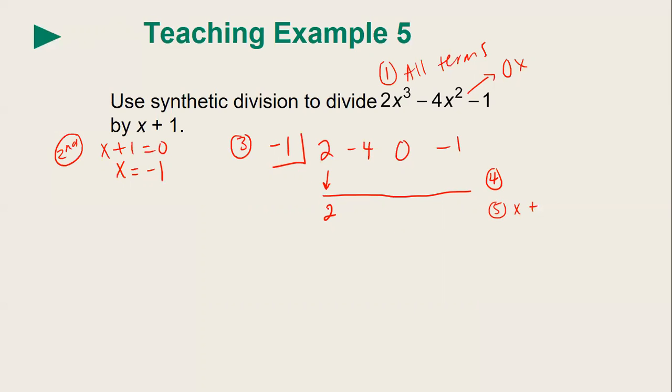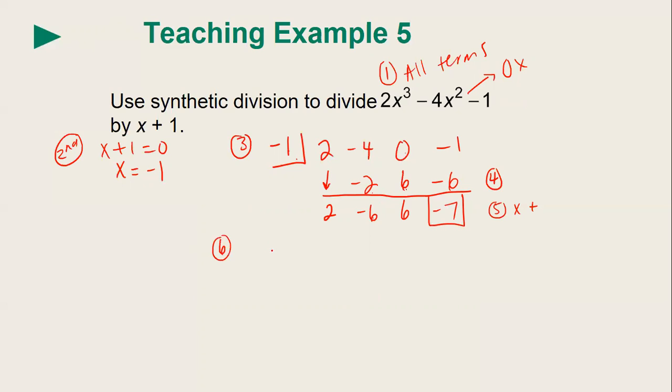So negative 1 times 2 is negative 2. Negative 4 plus negative 2 is negative 6. Negative 1 times negative 6 is a negative times a negative, which is a positive 6. 0 plus 6 is 6. Negative 1 times 6 is negative 6, and negative 1 plus negative 6 is negative 7.